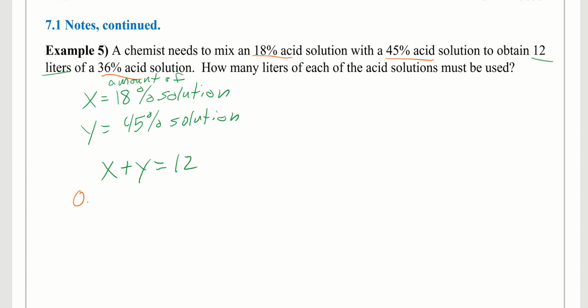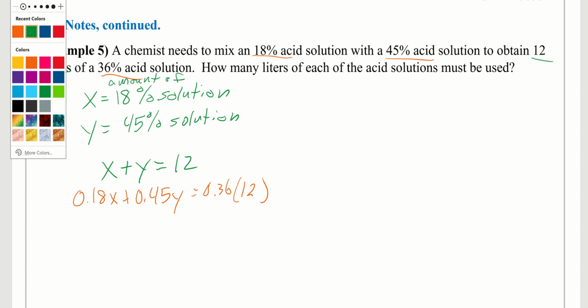Well, I have an 18% solution for X and a 45% solution for Y, and my total solution here, I'll do times 12 because that's the amount. That total final solution, we want it to be 36%. Okay, so again, the green one is all the amount, the orange one is all the percentage of each of the acids. Okay, and so now we just want to kind of simplify this out.